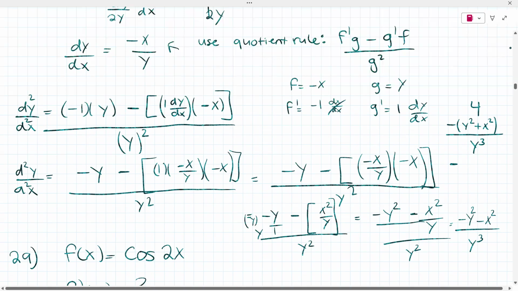I'm replacing y squared plus x squared with 4 because that was given. So it's negative 4 over y cubed. And so this is your final answer. This is the second derivative with respect to x.